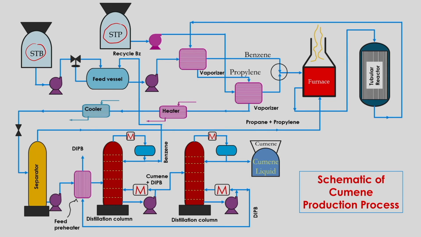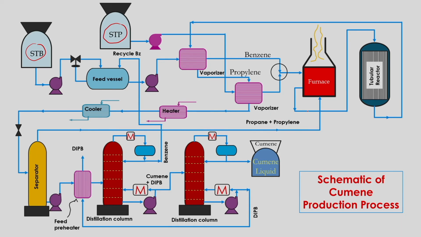After that, it will be sent to the separator, where the reactor products will be separated, and that separation is for the unreacted materials that are not taking part in the reactions. The unreacted materials here are propane and propylene, and also some amount of benzene.